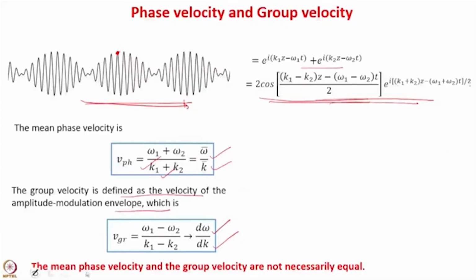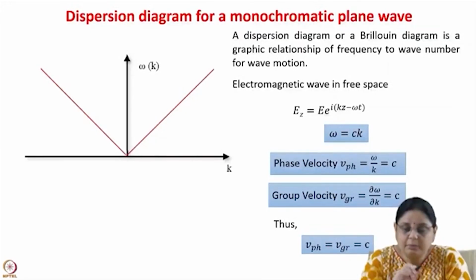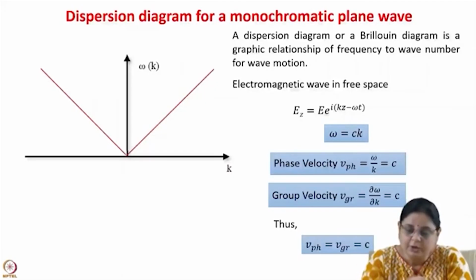In general, the phase velocity and the group velocity are not necessarily equal. Let us see for a monochromatic plane wave. As you know, an electromagnetic wave in free space, if you take a single wave, is like a monochromatic plane wave. Now you can take the dispersion diagram or Brillouin diagram, which is a graphic relationship between omega and k.